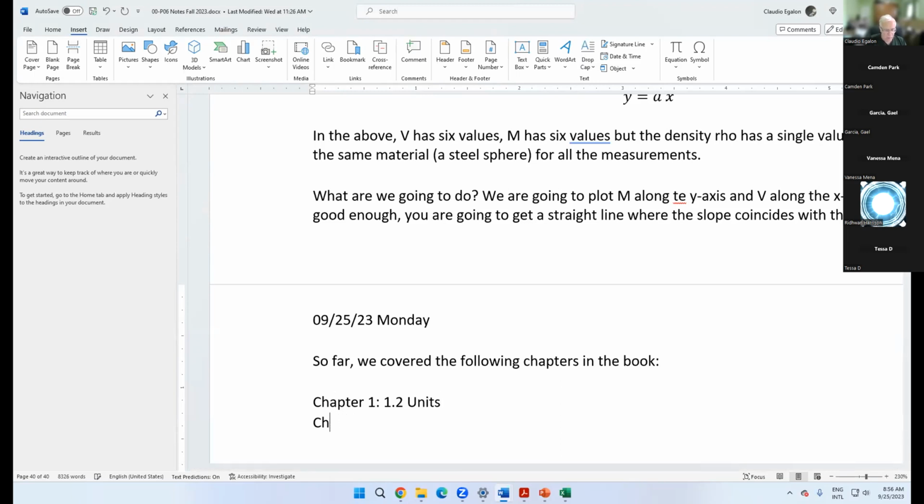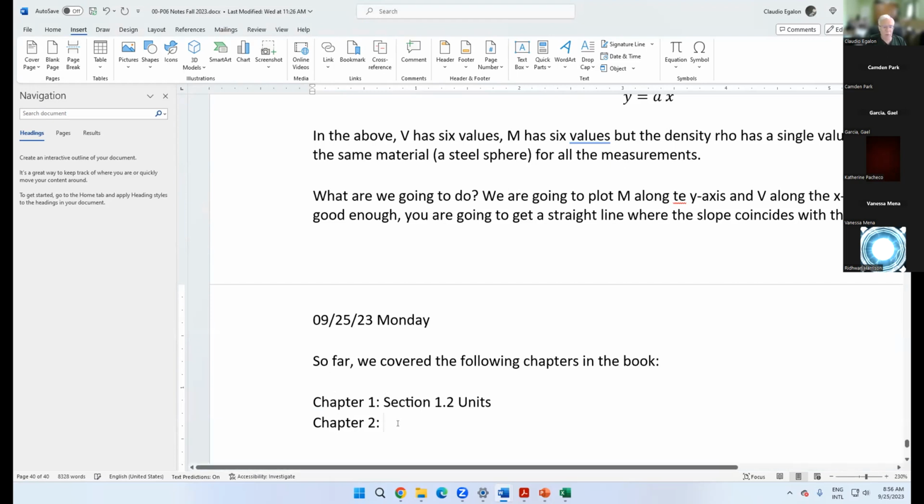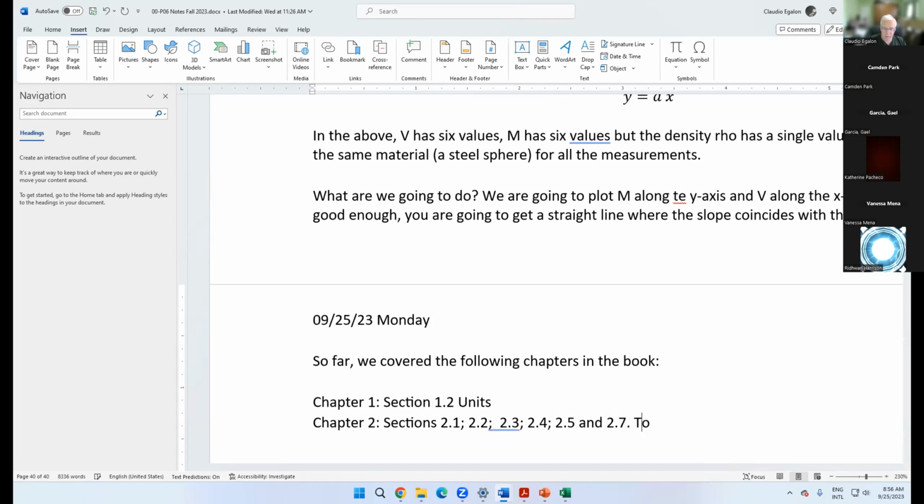In chapter 2, we covered sections 2.1, 2.2, 2.3, 2.4, 2.5, and 2.7.